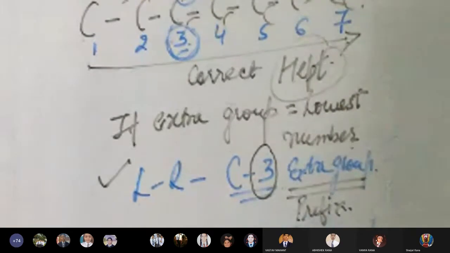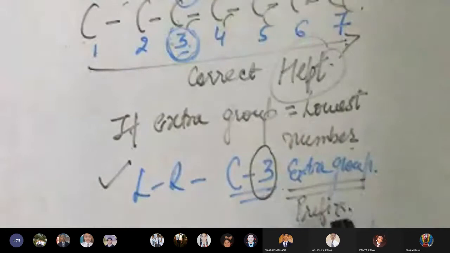But the carbon number of the extra group makes the prefix. So from here I'll compile two things today: the longest chain gives you the root word, and the extra group that is present gives you the prefix.